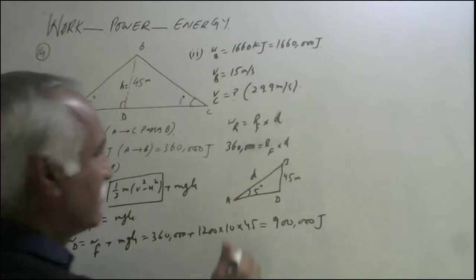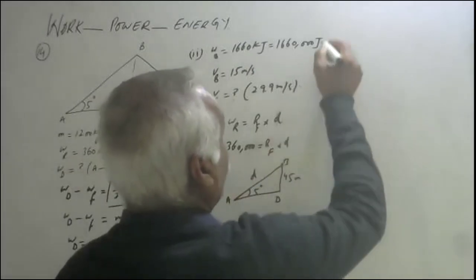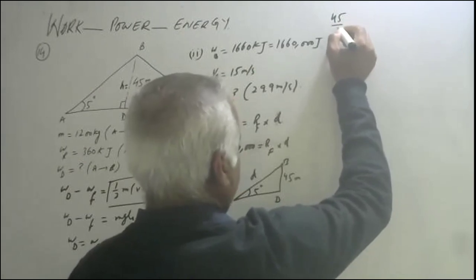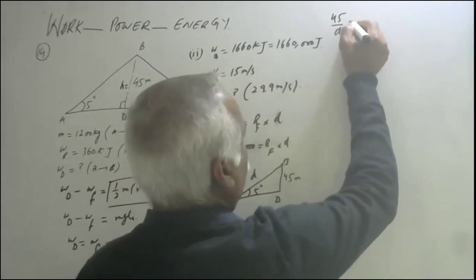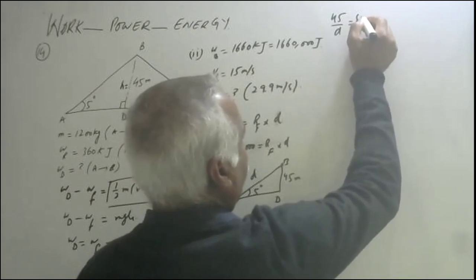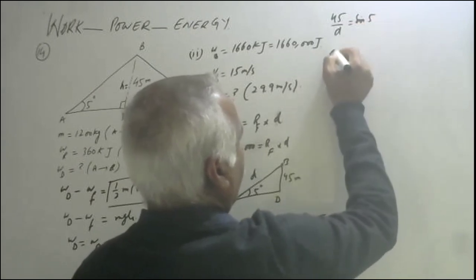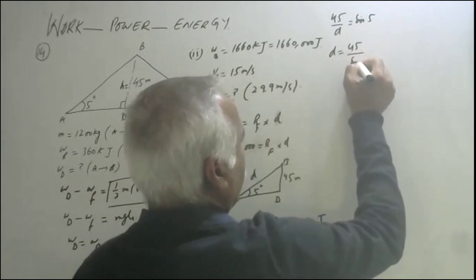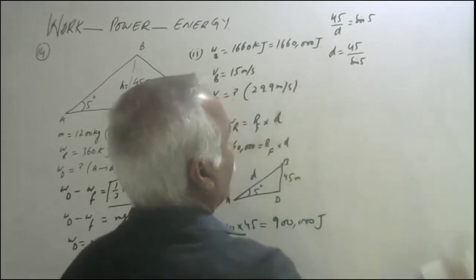So we can write that 45 over D is equal to sine of 5, or D is equal to 45 over sine of 5.